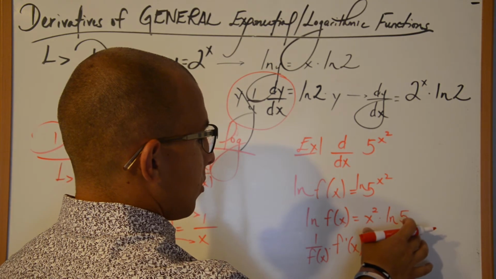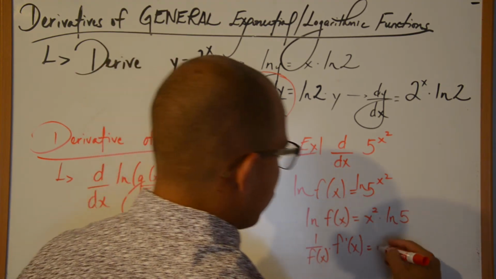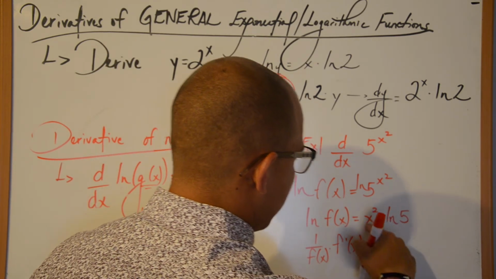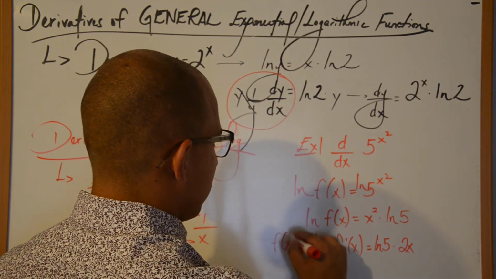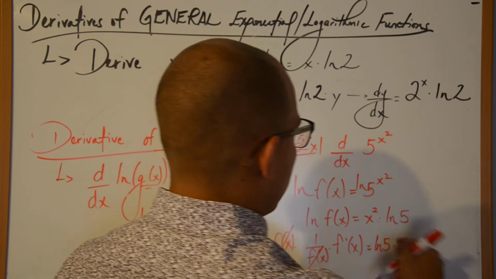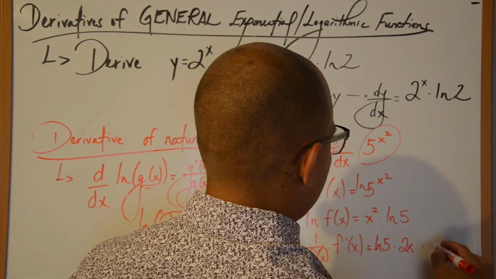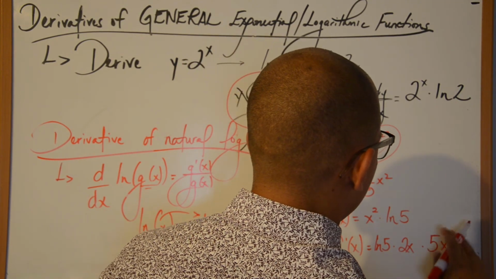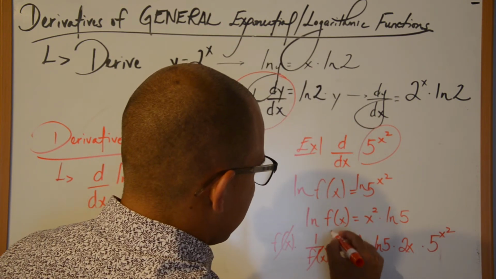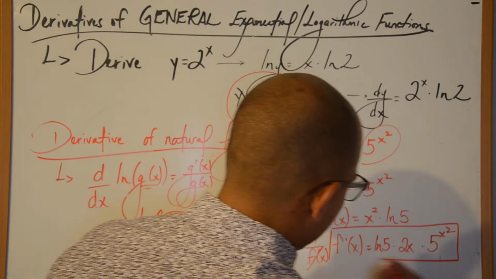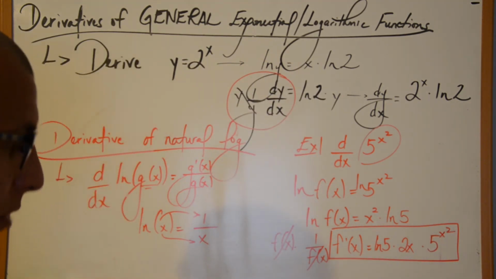Now over here, once again, scalar multiple, so natural log of 5 times the derivative of this, 2x, and then I would simply need to bring the function itself over. So the function itself is this, 5 to the x squared.